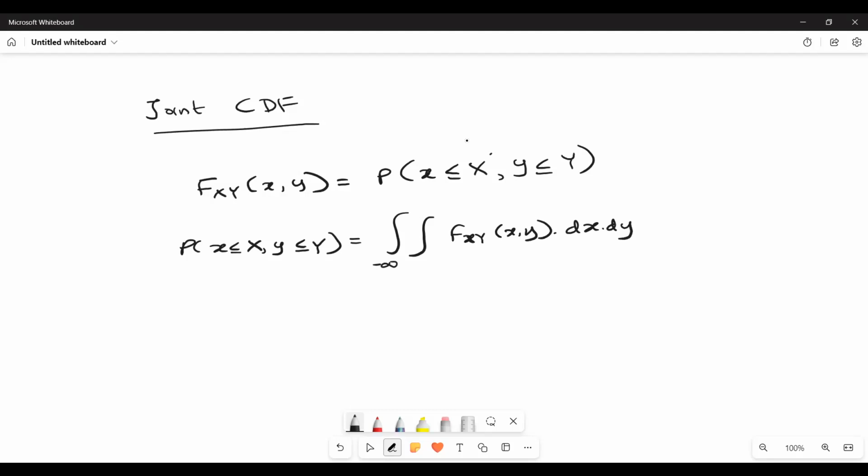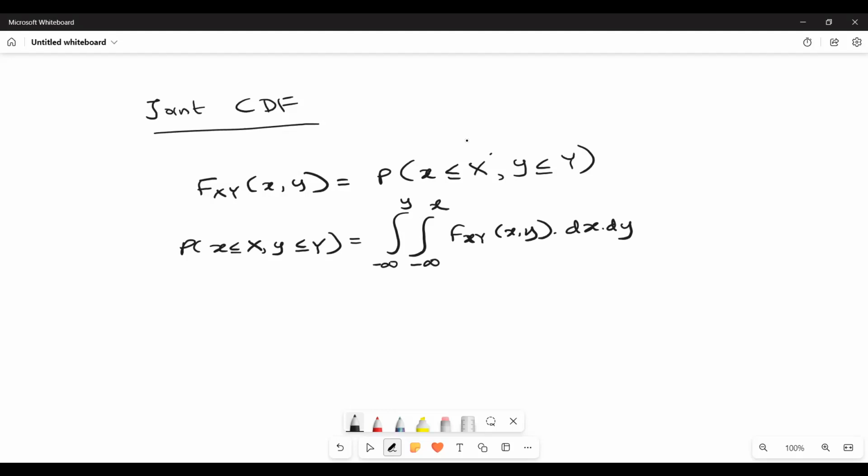Let's say this is up to y. So we do the integration and we can find the CDF value.